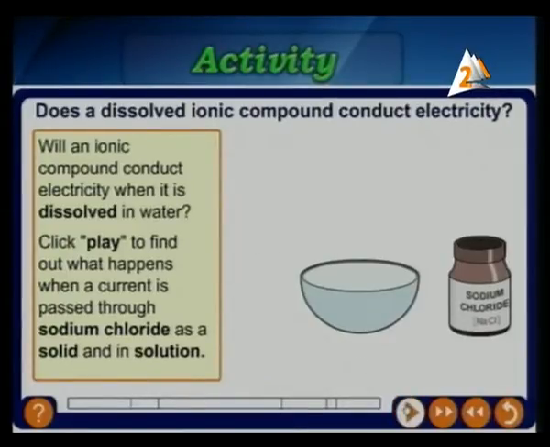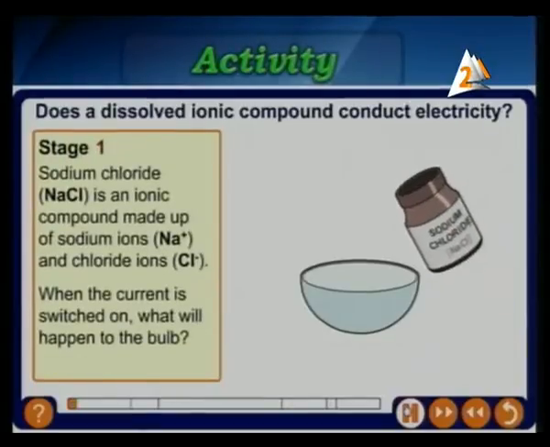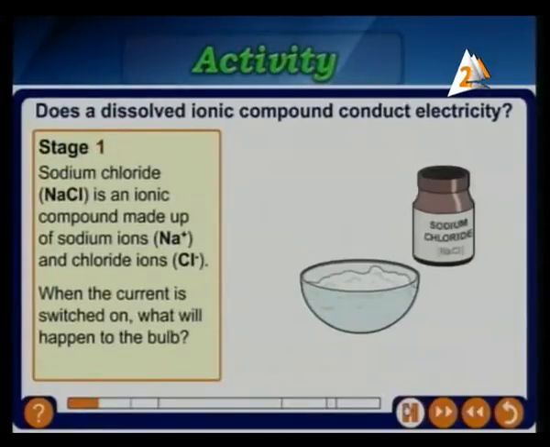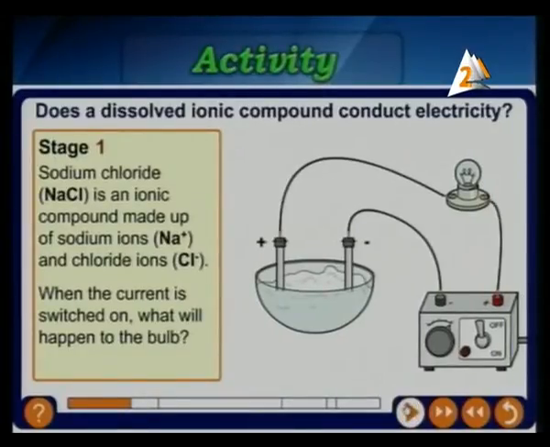So number one, we want to find out what happens when current passes through the sodium chloride here. First, stage number 1: sodium chloride, NaCl, is an ionic compound made up of the sodium ion Na positive and the chloride ion Cl negative.